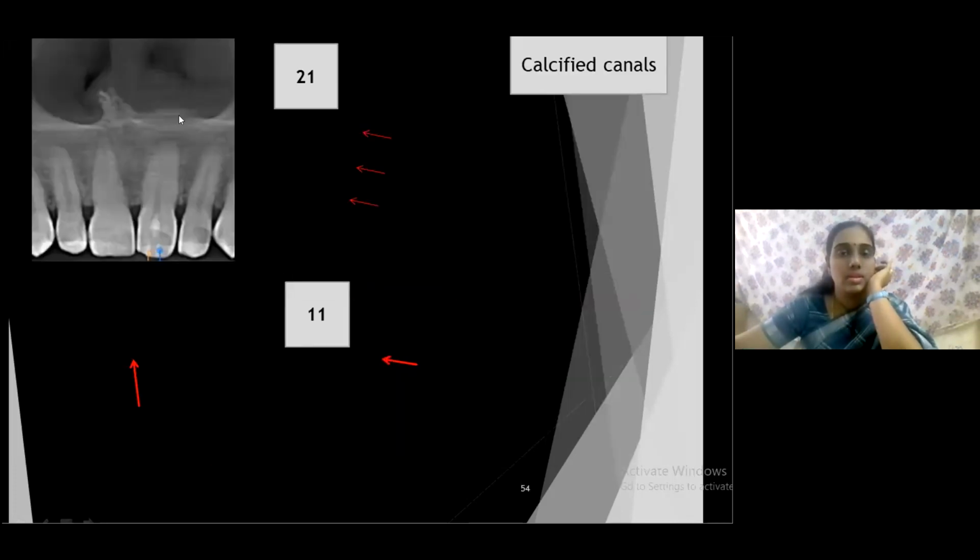So this is a case of a calcified canal where 2.1 RCT was attempted, but I think there was a perforation because the doctor was not able to make out the canal here. And this is a cropped OPG image.